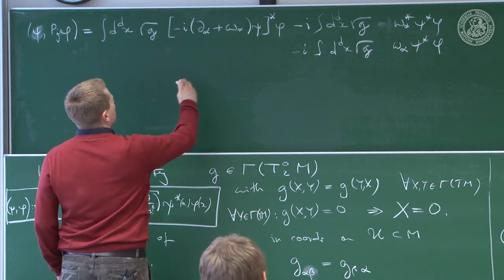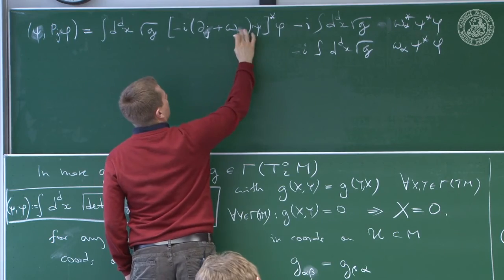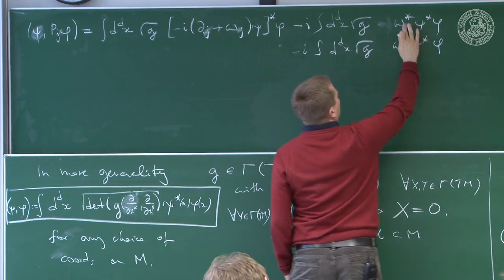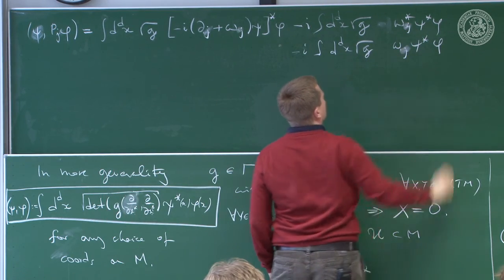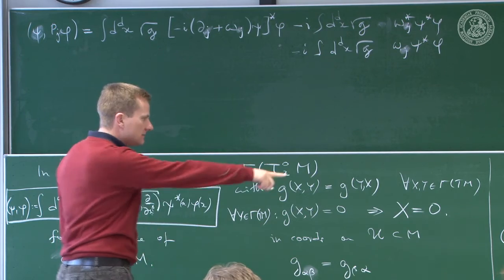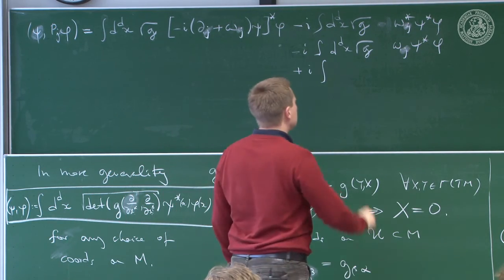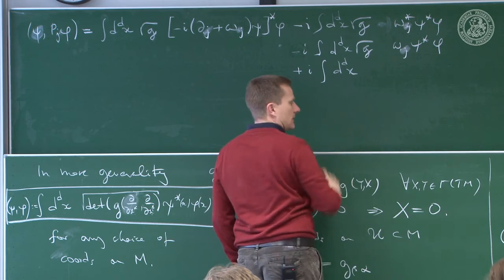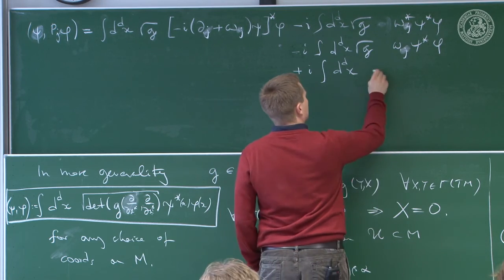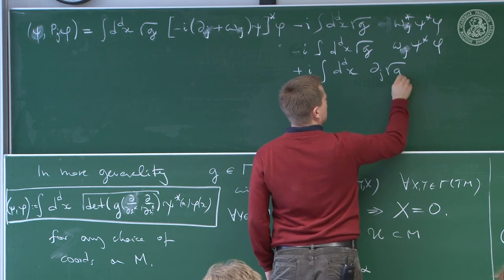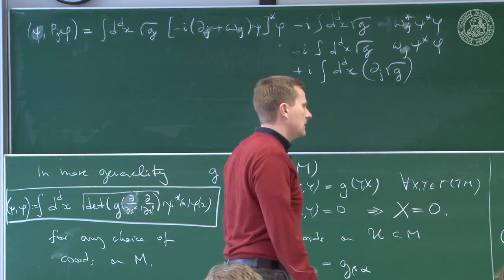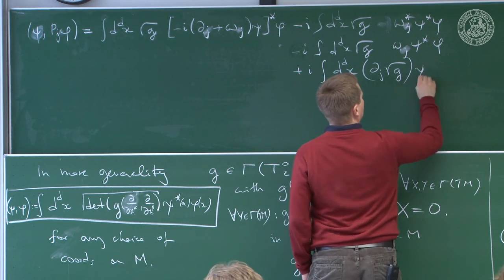Alpha, well, it's a j. Okay, j, j. And the extra term plus i integral d x, and now there's del j of this density psi star phi.